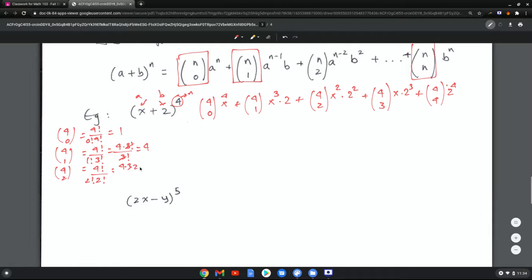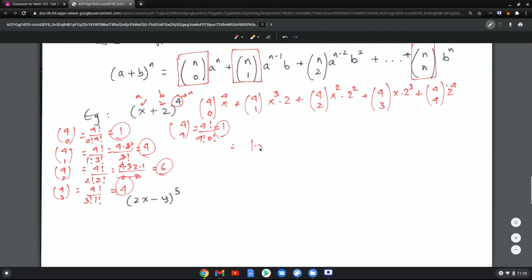That's 4, 3, 2, 1 over 2 times 2, which is 6. 4 choose 3 is 4 factorial over 3 factorial, 1 factorial, which we already found is 4. And then lastly, 4 choose 4 is 4 factorial over 4 factorial, 0 factorial, which is 1. So the coefficients are 1, 4, 6, 4, 1.